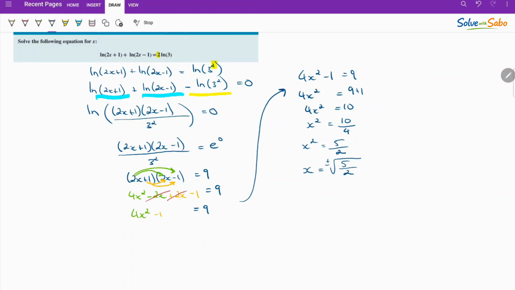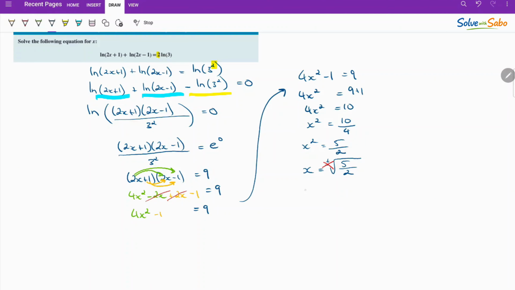Now, pause, can I have a plus minus on both sides? Well, I don't think I can, because let's think back to my answer from before. My answer needs to be going inside a log, and I can't have the negative of that number, which means I cannot possibly have this negative value.